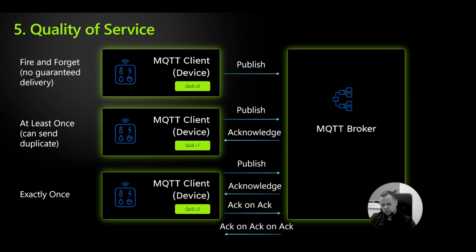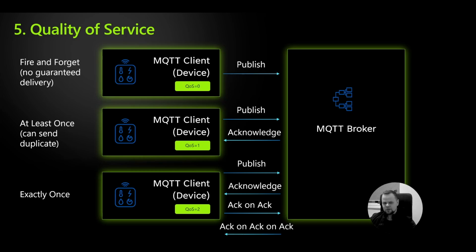And then if you really need exactly once delivery, then the more complex four-step process kicks in with quality of service 2. And that's basically, as you see here, acknowledgement on acknowledgement and acknowledgement on acknowledgement on acknowledgement, which is the most robust communication that you can think of, and obviously the slowest one because it really slows down the communication.